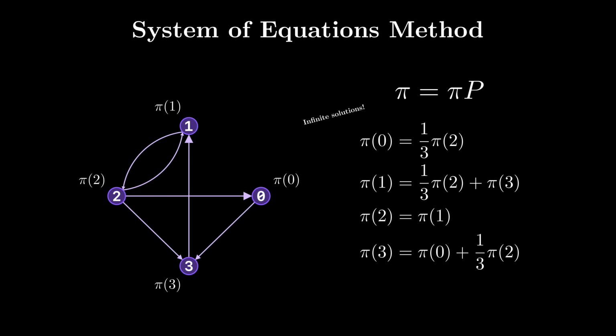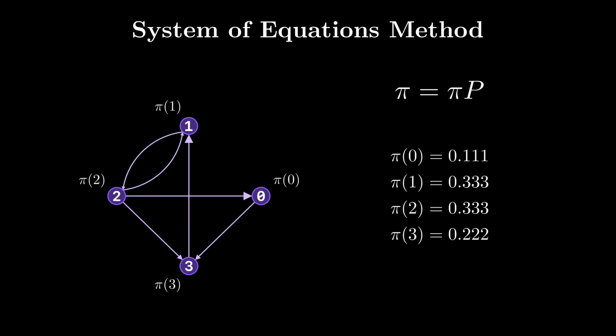Two of these equations end up being redundant information, so you can't find a unique solution. The trick to solving the system of equations is to add in the implicit constraint that the sum of the individual probabilities must equal 1. By replacing one of the Markov chain transition equations with this implicit constraint, we can solve for the stationary distribution directly through a linear system solver.